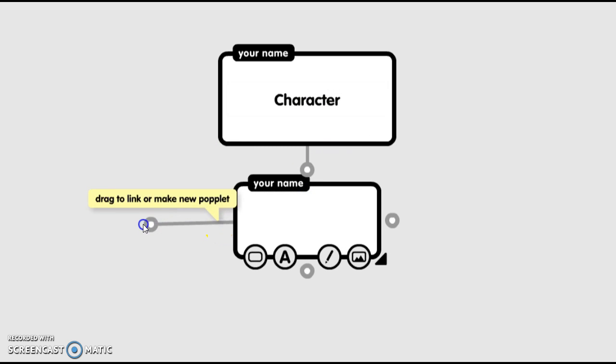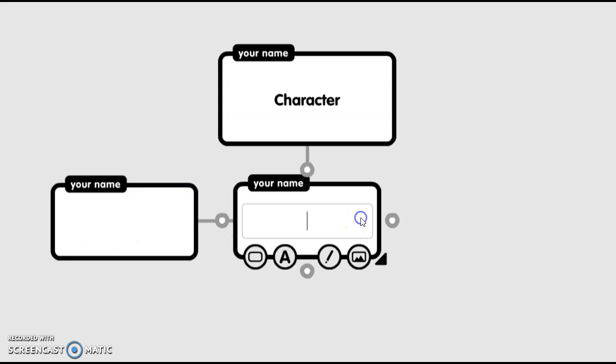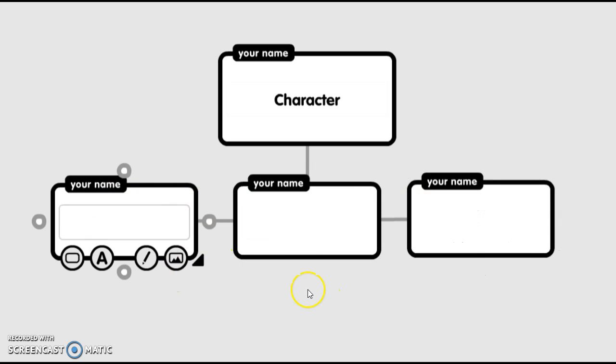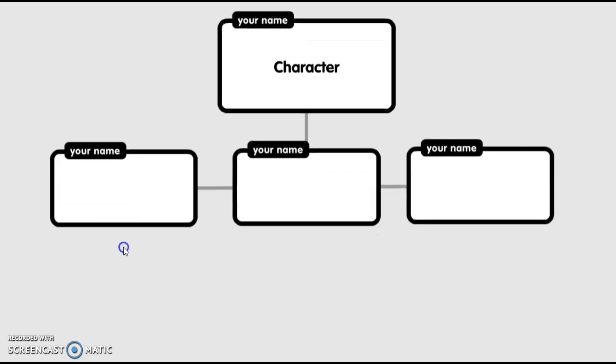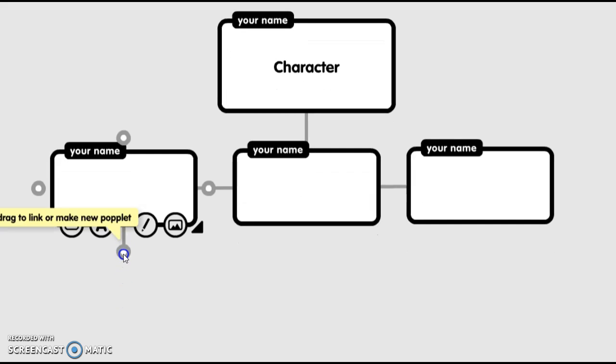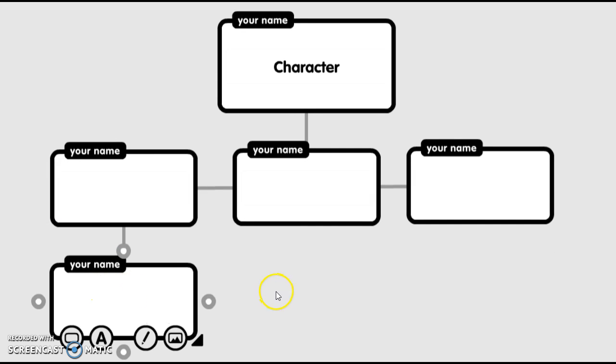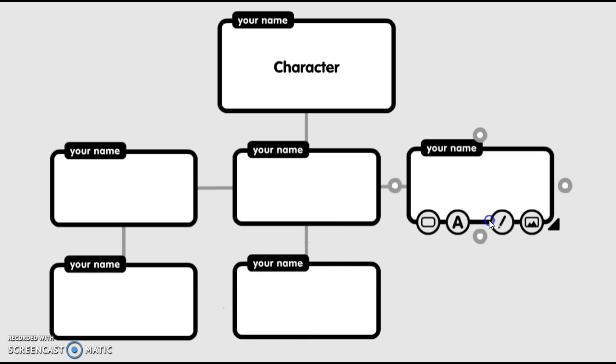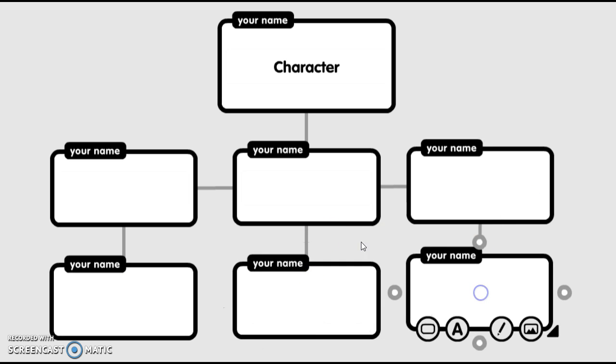So you make your three other boxes right here, and you could have different topics, like the ones that I talked about before. And then below, you can move this around so you can make more room, and you can add more to that. After you're done, you can see how all of these boxes group together in a more organized way.